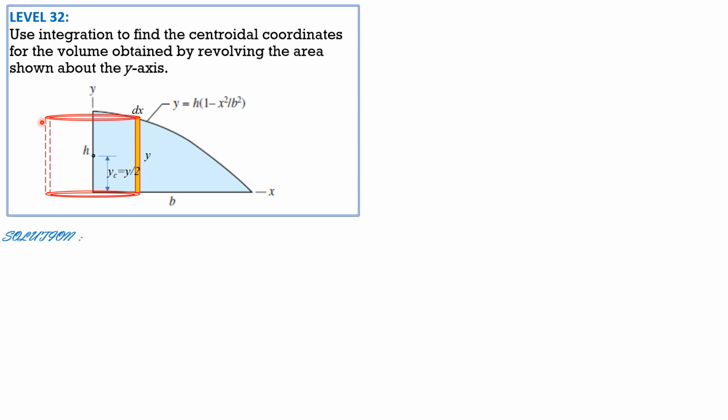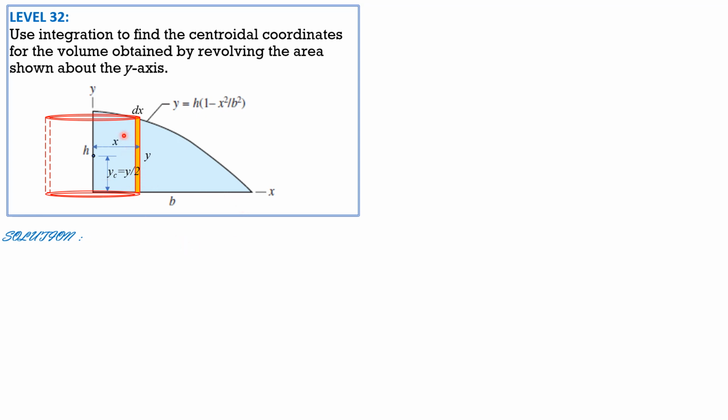The volume of the cylindrical shell is, if you cut this and flatten out, a rectangular plate with length of the base, circumference of the base, which is 2 pi x, because every element of this vertical strip is at equal distance from the y-axis, and that is just x.